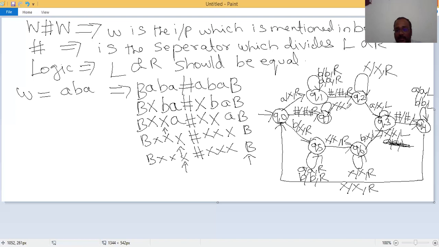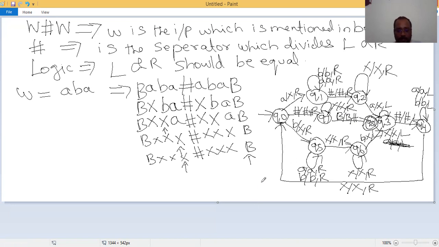Mention those X's in the loop and move to the right hand side. If no elements are present except blank, stay on the blank and stop the operation. So blank is mentioned as blank and halt. So this Q8 is the acceptance state.